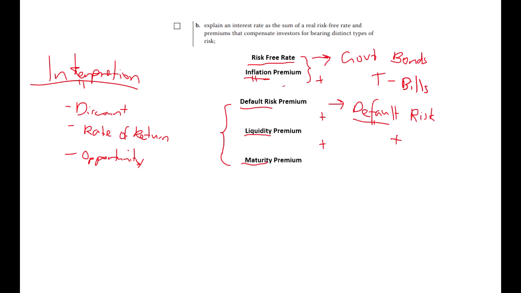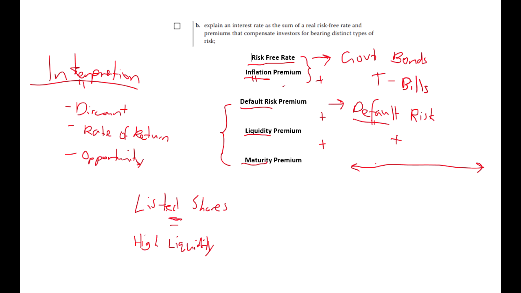We also have the liquidity premium. If we look at corporate bonds or even shares to a certain degree, shares, especially listed shares, are very liquid, and so we can easily sell them on the market. So if we're unhappy about how the company that we've invested in is run, we can just go to the market and sell our shares on the share market and convert our investment to liquid cash.